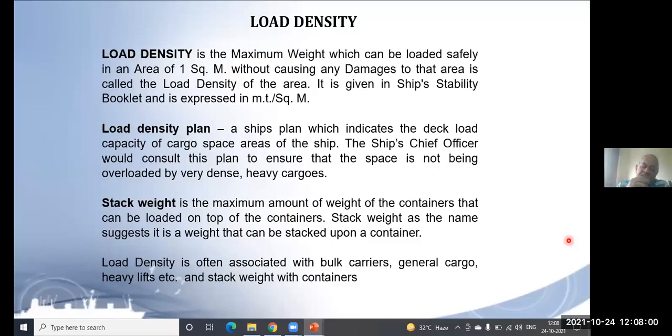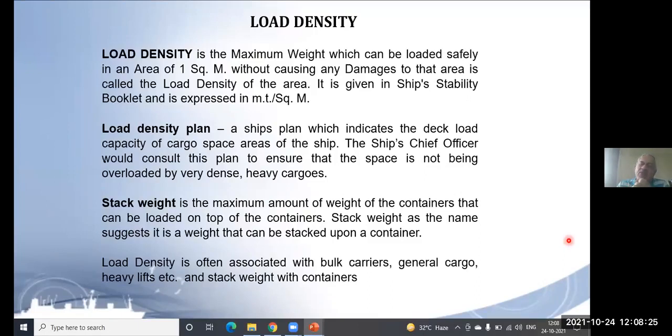Suppose a car carrier: if you are going to load cars every time, you don't have to worry because the ship is already designed to load cars. But when you are designed to load bulk cargo, you can load iron ore, which is very heavy, or coal, which is very light.